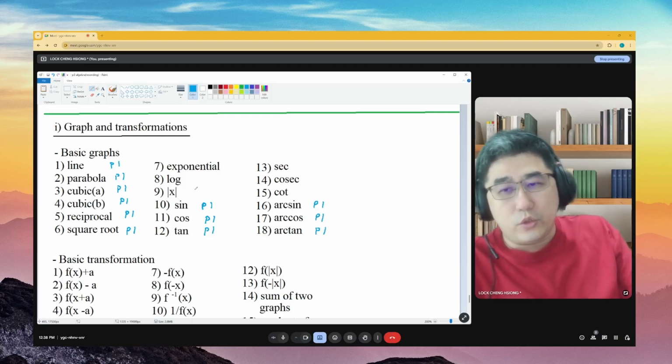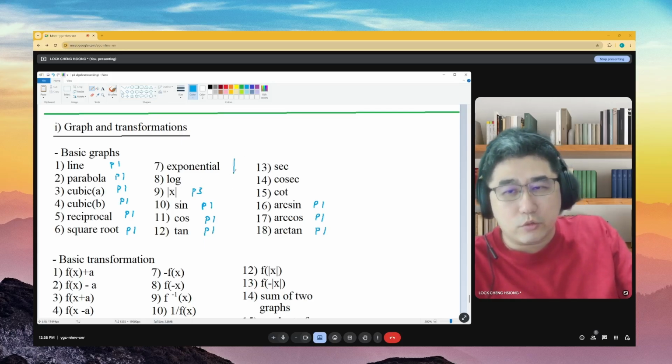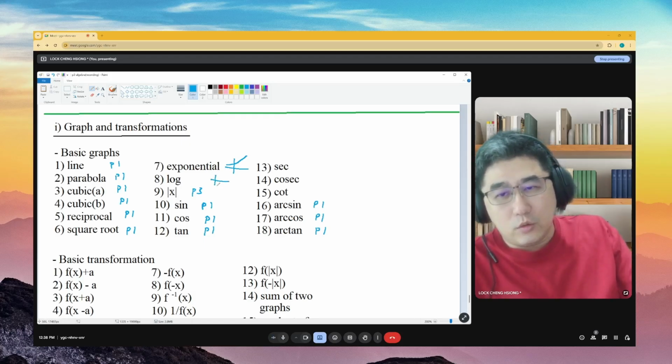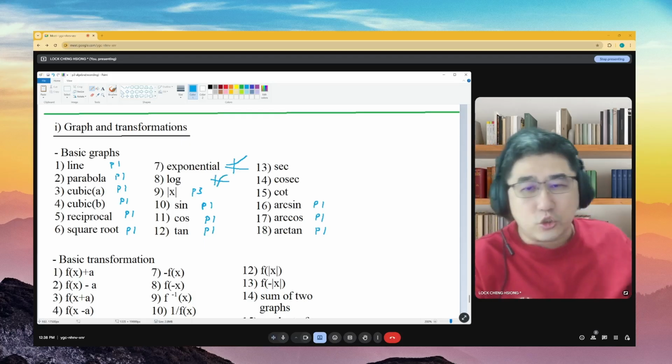Now you deal with the modulus in P3. You are also expected to know the shape of the exponential graph, which we will continue to discuss in chapter 2 later. The log graph will be like this in chapter 2 later, and the secant, cosecant, cotangent, we will talk about in chapter 3.